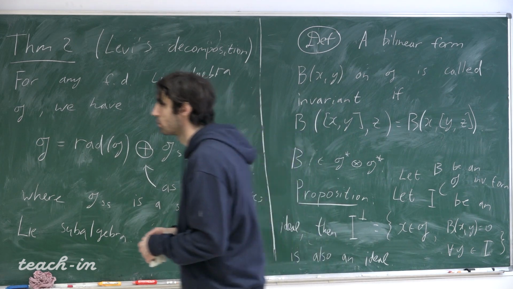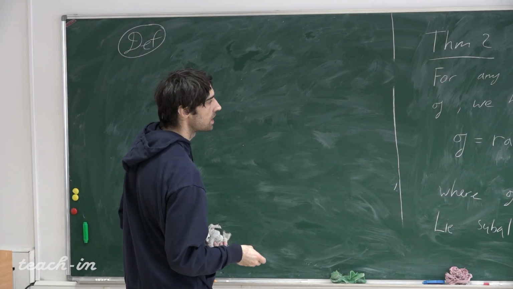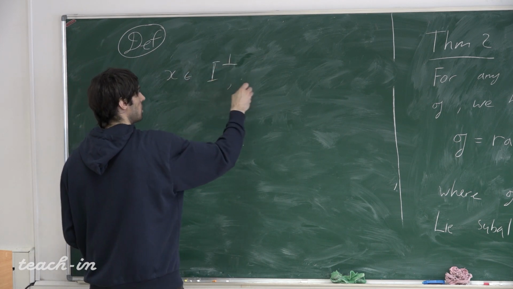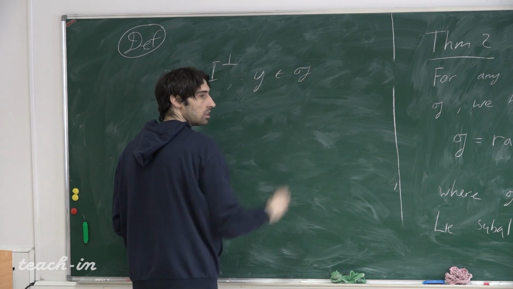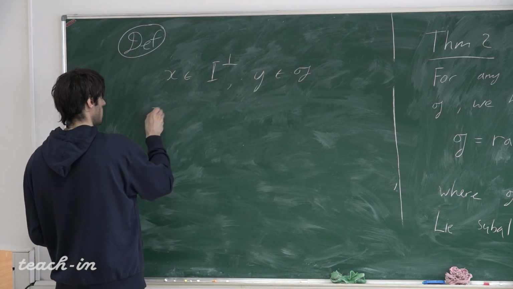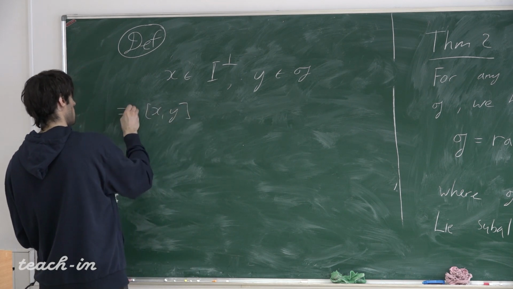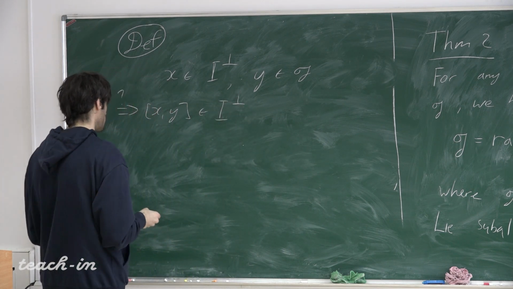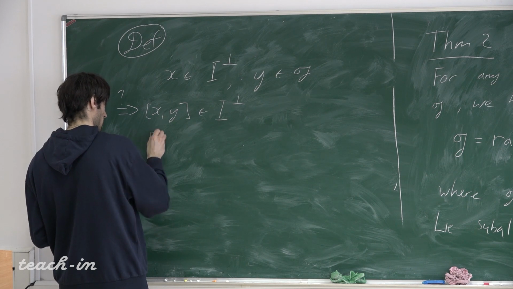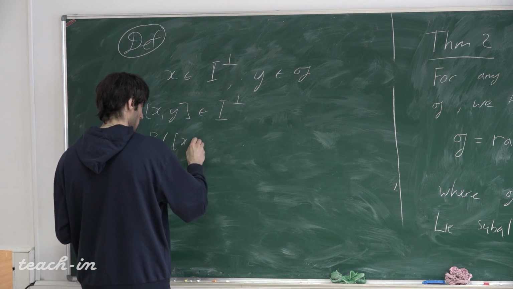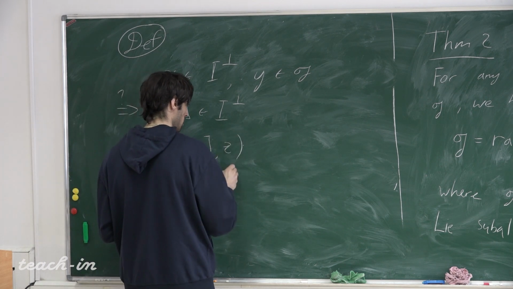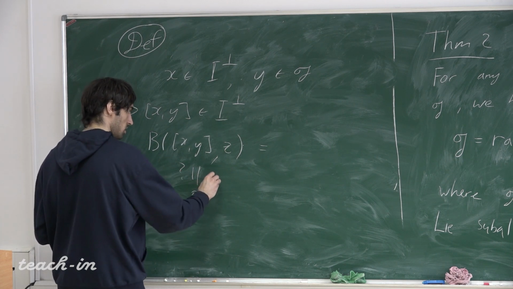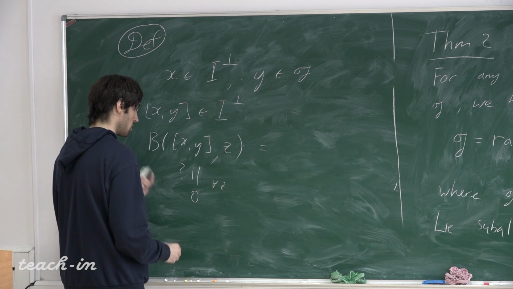Well, this is almost obvious. Let's check. So I take X from I orthogonal, Y from G. I would like to see that the commutator of X, Y is from I orthogonal. So I need to check that B of the commutator of X, Y with Z is 0 for every Z.